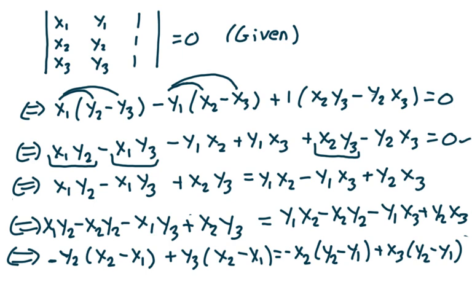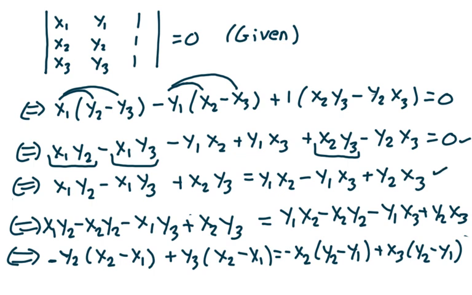Notice how I underlined three terms. I'm going to keep those on the left side of the equal sign and move everything else to the other side. So this is true if and only if x1 y2 minus x1 y3 plus x2 y3 equals y1 x2 minus y1 x3 plus y2 x3.